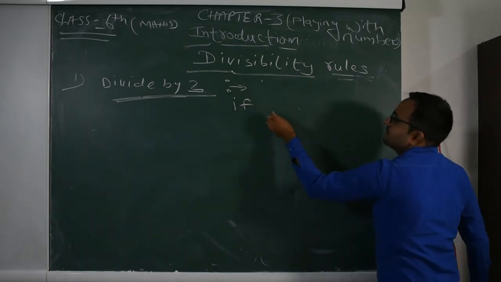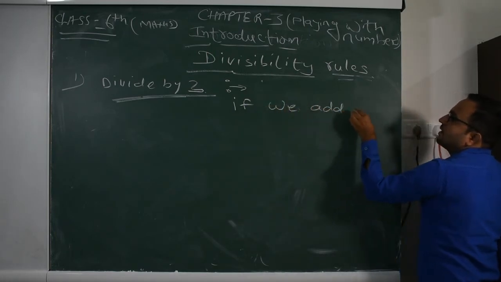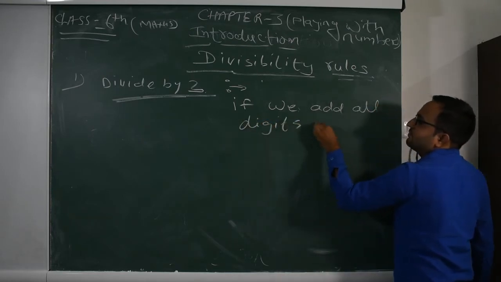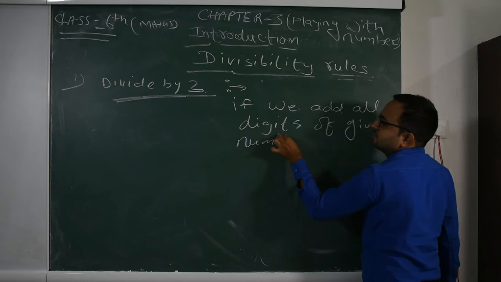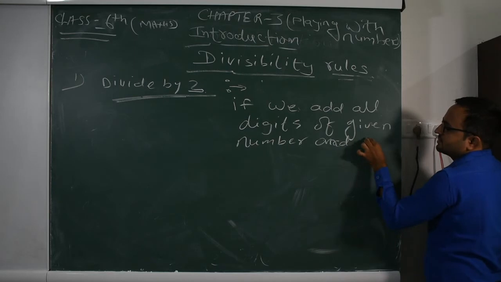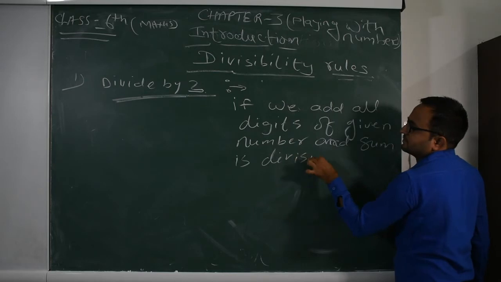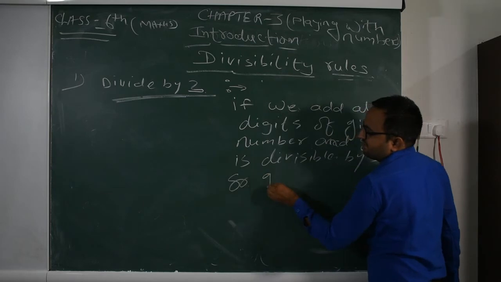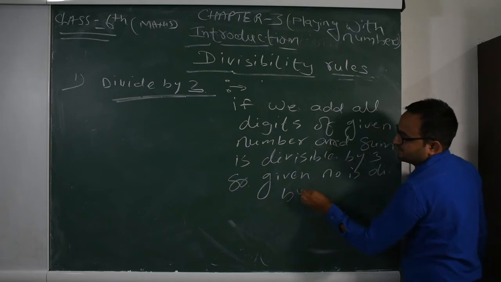If we add all the digits of the given number and the sum is divisible by 3, then the given number is divisible by 3.